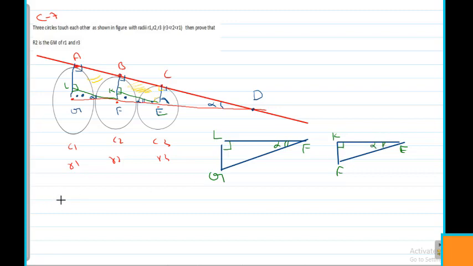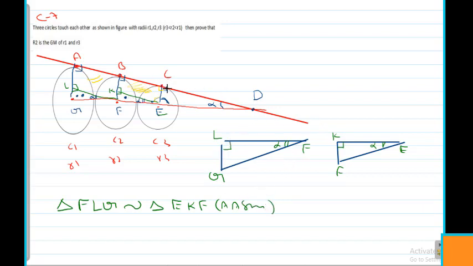These two are similar. I will write triangle FLG is similar to triangle EKF from AA similarity.